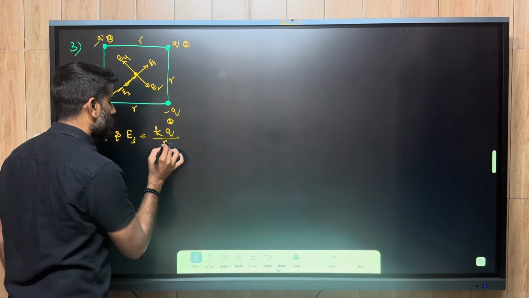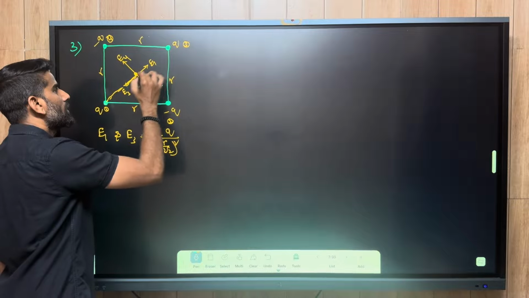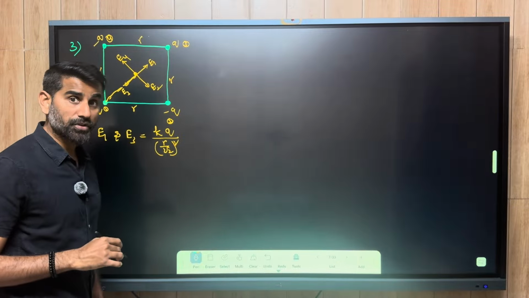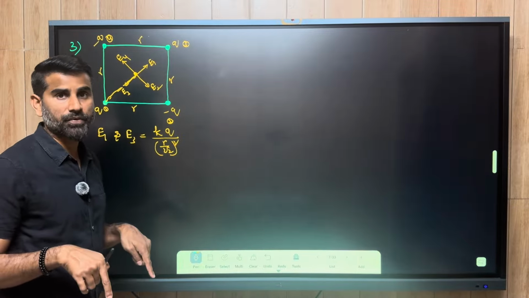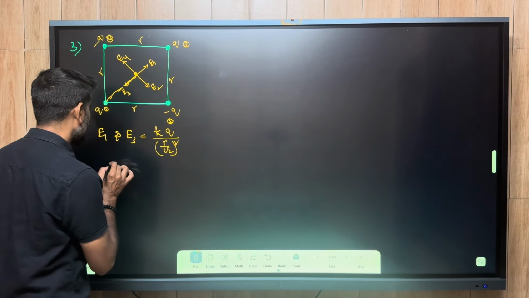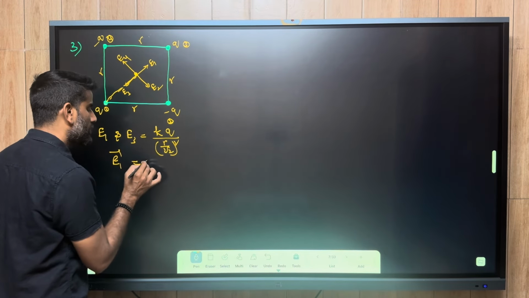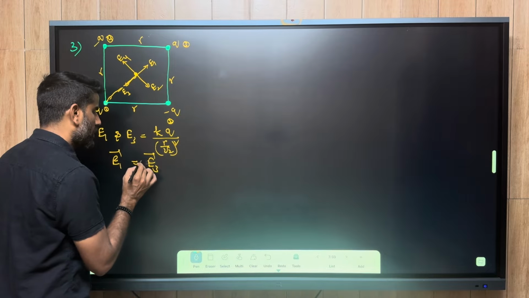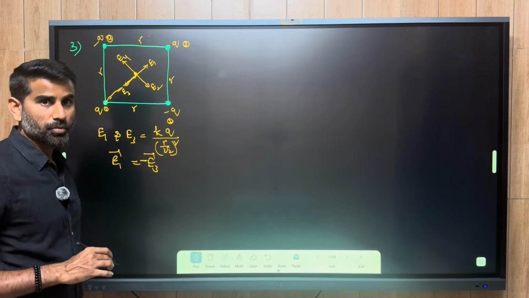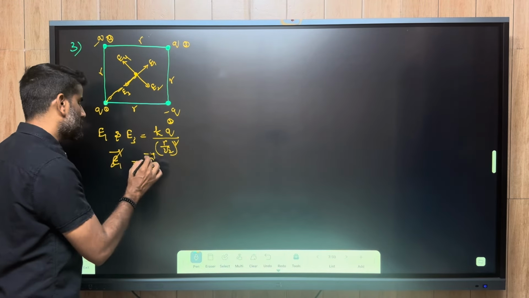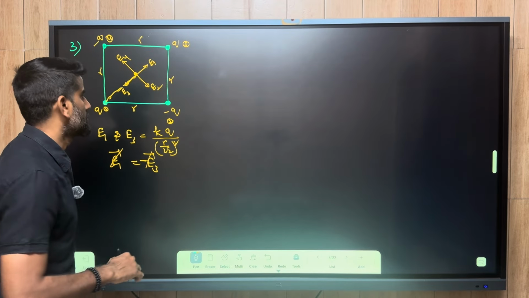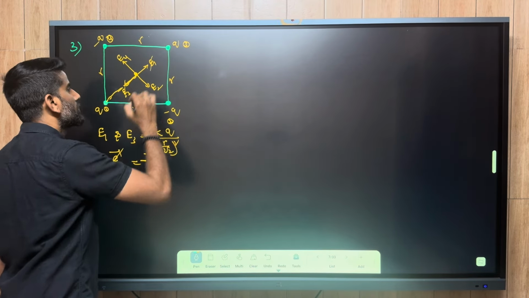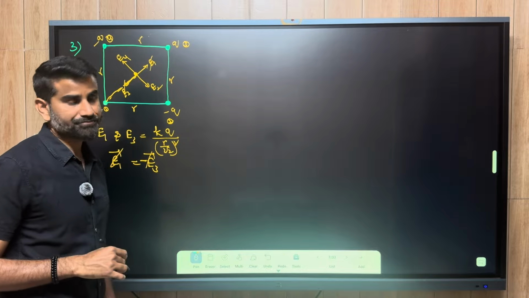Both of them are the same, right? That means these two fields are acting in opposite directions with equal magnitudes. That means E1 vector is equal to E3 vector but in opposite direction, so they cancel each other. So E3 and E1 will get cancelled.